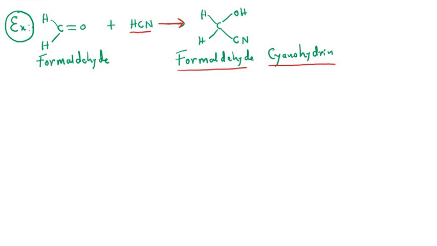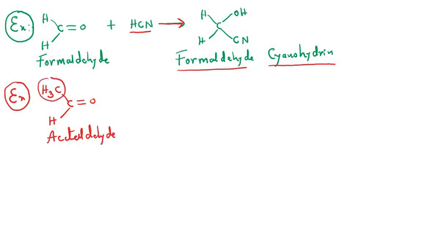Now in the second case I will take one more example. Here I will write CH3, single bond, C double bond O, and H. This is called acetaldehyde. We know that one of the linkages of this carbon is CH3, so it is an aldehyde other than formaldehyde. When I treat this compound with hydrogen cyanide, what happens?